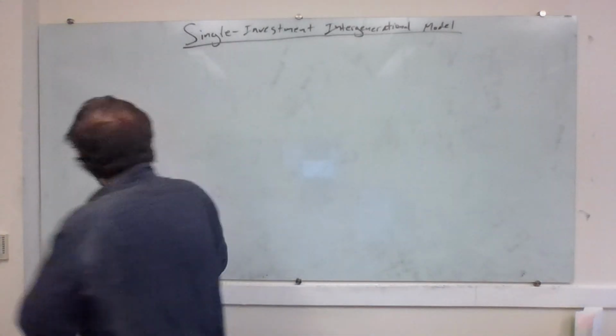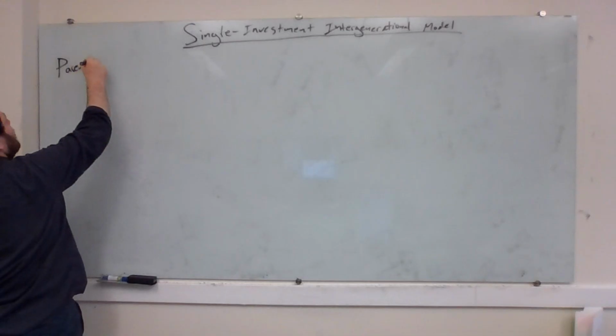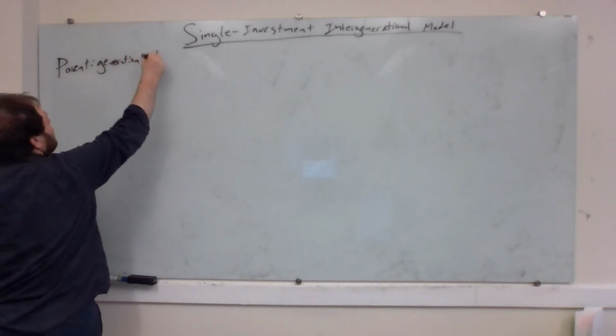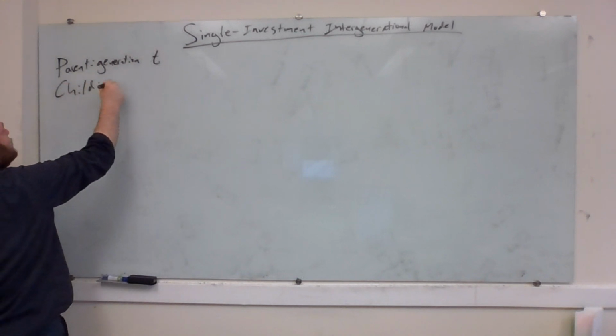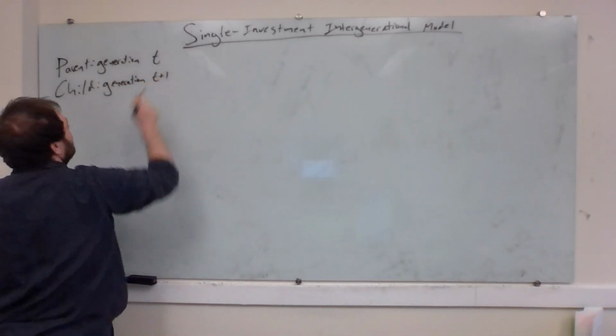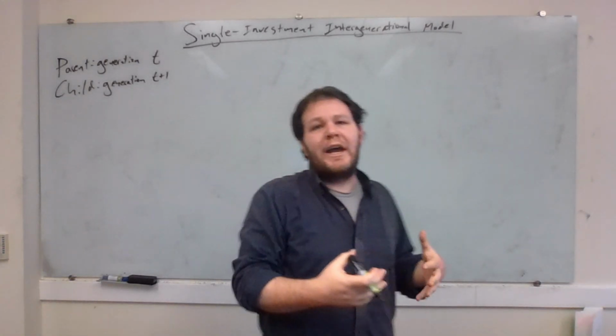And those actors are the parent, who he calls Generation T, and the child, who's Generation T plus 1. And for now, we're going to think about families where there's one parent and there's one child.